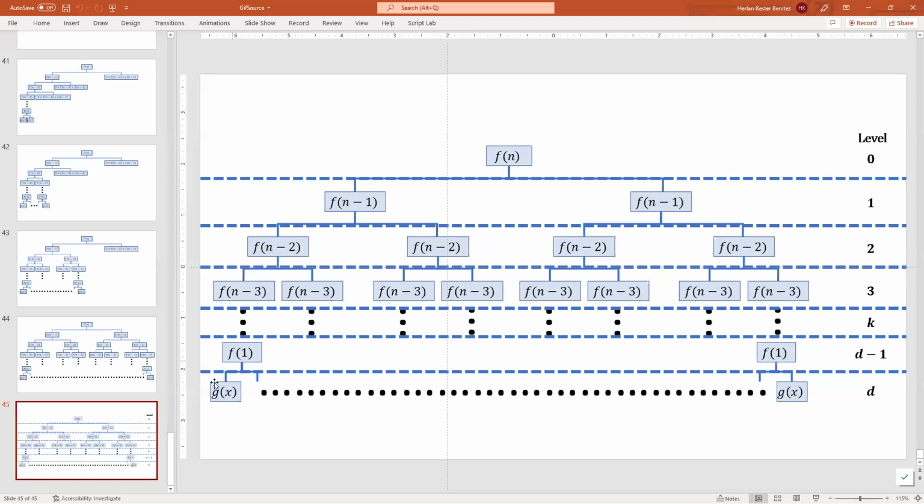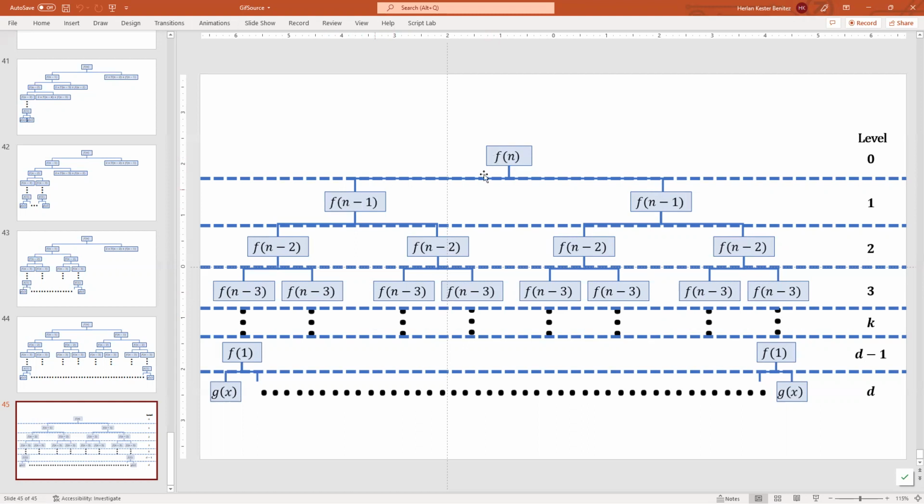Then when it is f of 1, its time complexity, or running time, becomes g of x. In this case, what we want is to count all the function calls and the total running time per level. Recall that f of n is the running time.